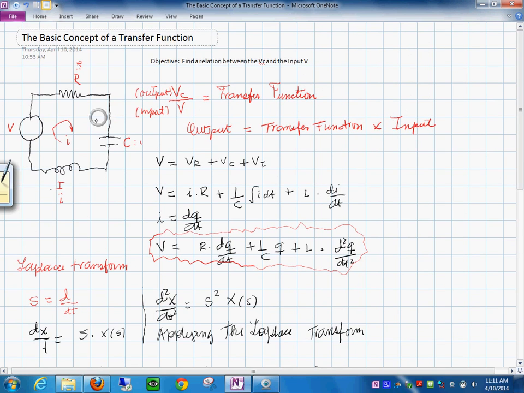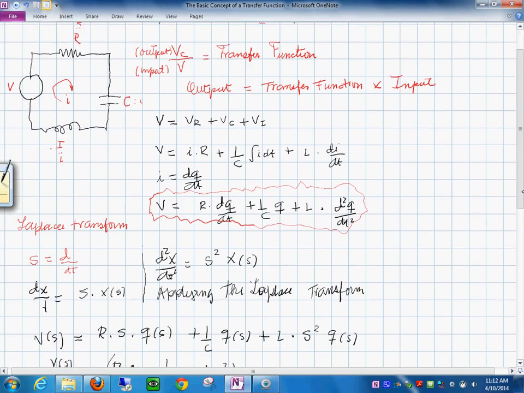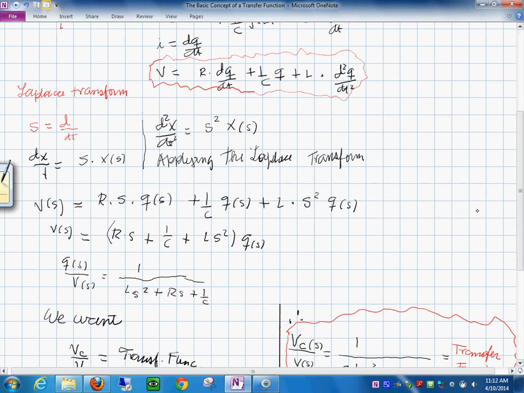The transfer function, I'm sort of making a little summary about this, is that you obtain the equation of the system as the summation of the voltage drops on each one of them around the loop, and then you come up with this differential equation that actually controls what the dynamics of the system are.